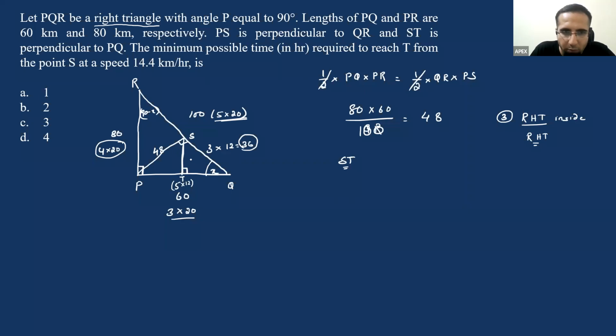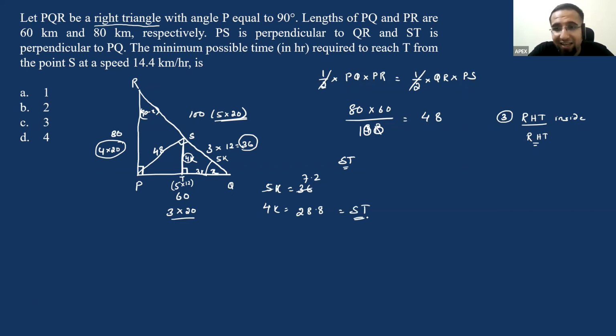And opposite to X should be a multiple of 4. So this becomes 4K and this becomes 3K. So if 5K is equal to 36, we want the value of 4K. So this becomes 7.2. 7.2 into 4 is 28.8. So the value of ST is equal to 28.8.